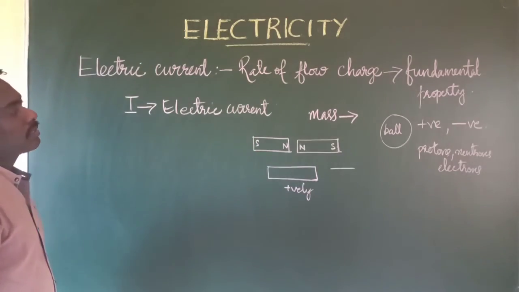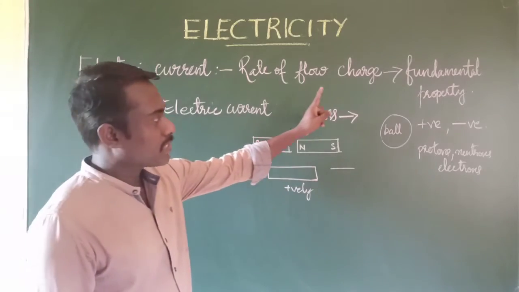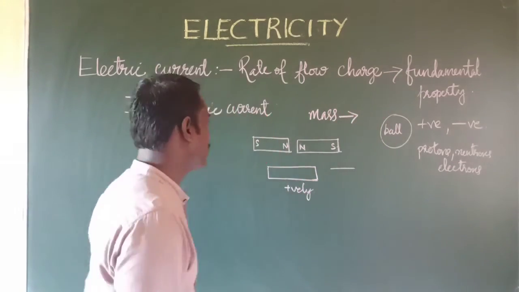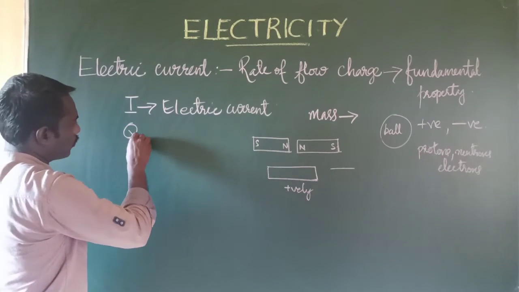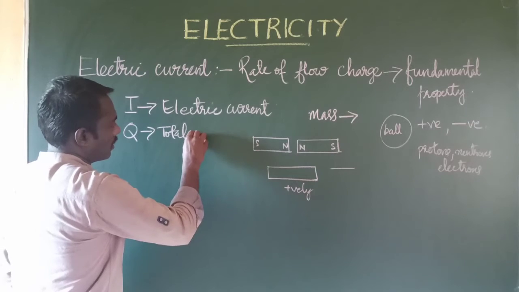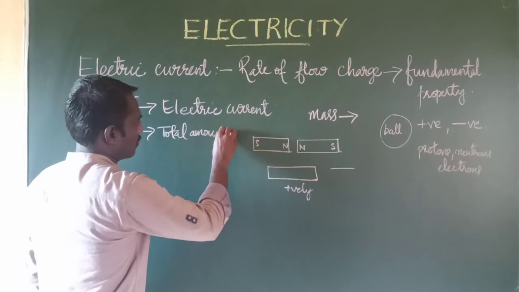The total amount of charge flowing through a conductor or a body is taken as Q, the total amount of charge.